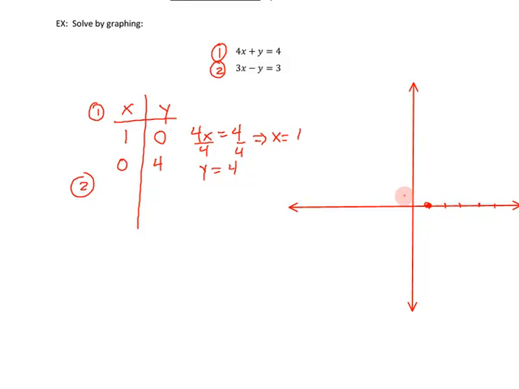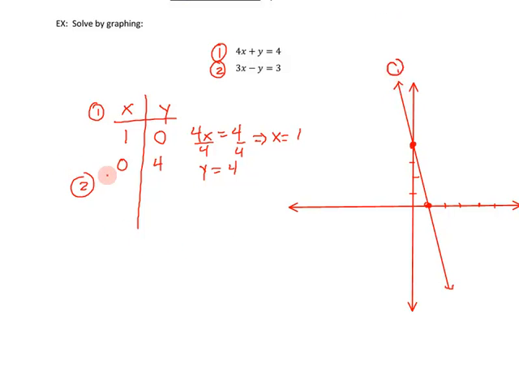And if I go up 4, 1, 2, 3, 4, there's that. And so my line is the line that goes through those two. There's my shining white line right there. So that's the graph of equation 1, right?